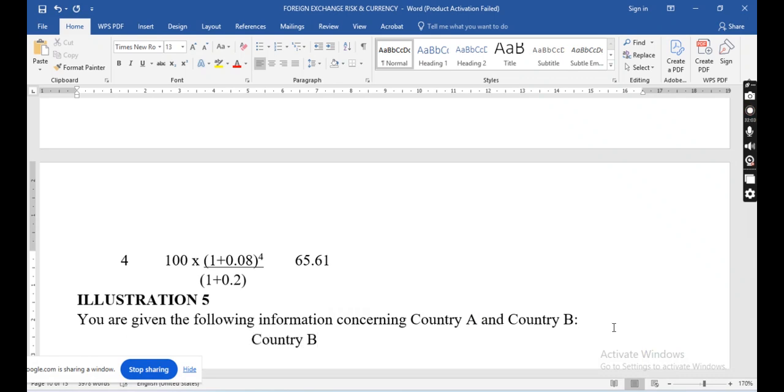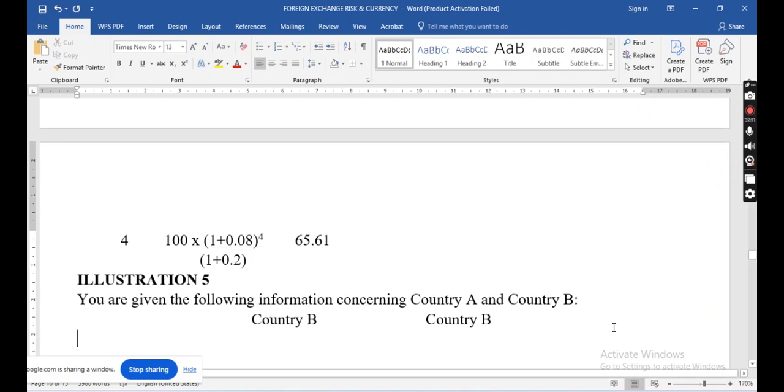Okay, today we tried to look at the effect of the four-way equivalence on exchange rate, and we looked at purchasing power parity and interest rate parity. And then we stated that there are two conditions.